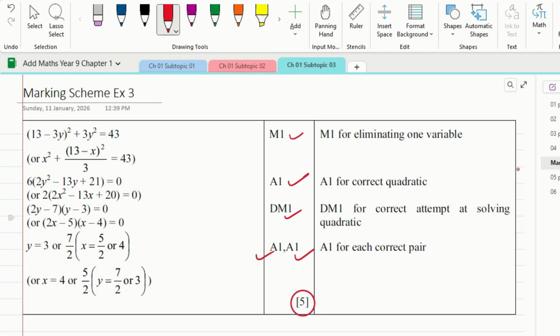So in this case, the pair is y equals 3, x equals 4, and the second pair is y equals 7 over 2 and x equals 5 over 2.